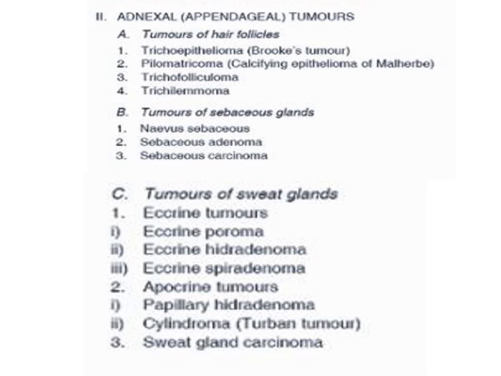The apocrine tumors of the sweat gland are papillary hidradenoma and cylindroma. This cylindroma has another name, turban tumor. Then the third one is sweat gland carcinoma.